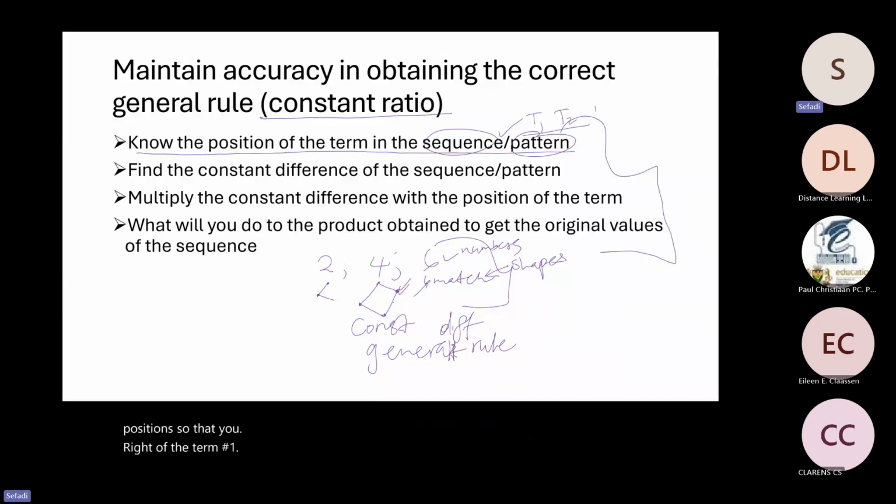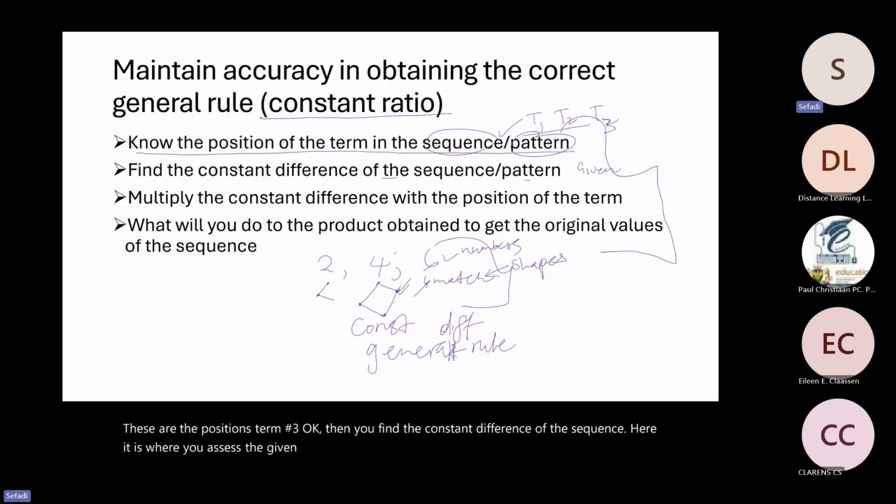These are the positions. Term number 3. Okay, then you find the constant difference of the sequence. Here is where you assess the given pattern. You check what is happening on the given pattern, and then you decide whether you have a constant difference or you have the constant ratio.